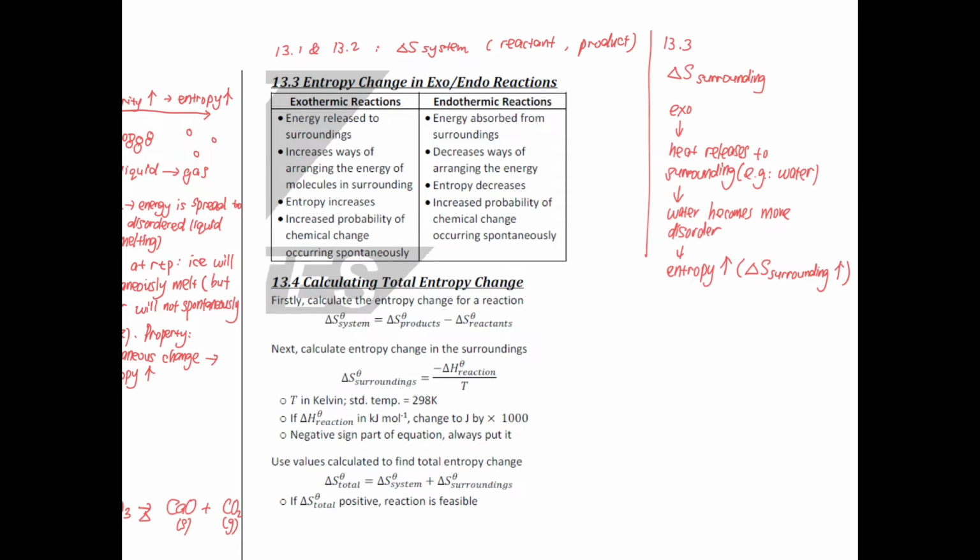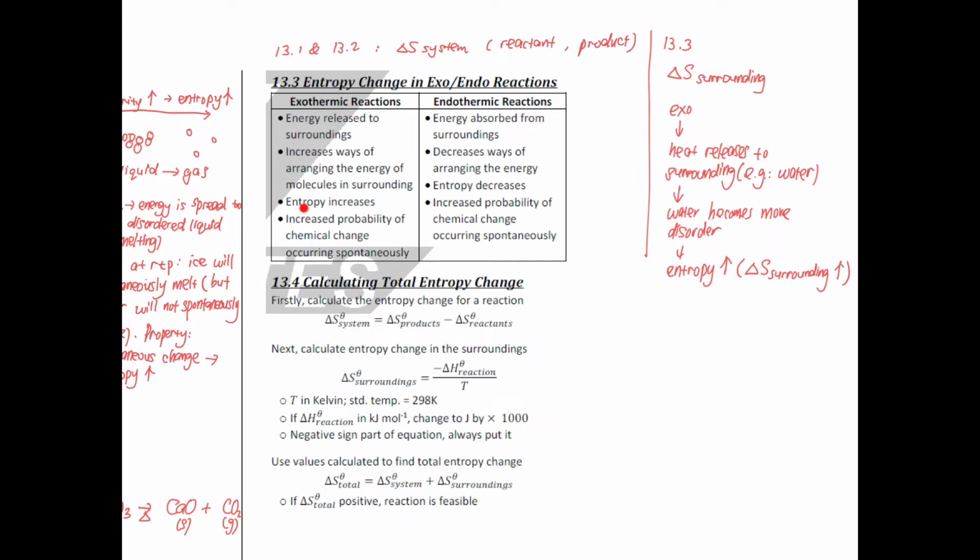So, for example, they use the energy to increase the kinetic energy, or they use the energy for evaporation, or they use the energy for breaking up the intermolecular forces, which is hydrogen bonds. So there are many ways to arrange the energy, many ways to use the energy.